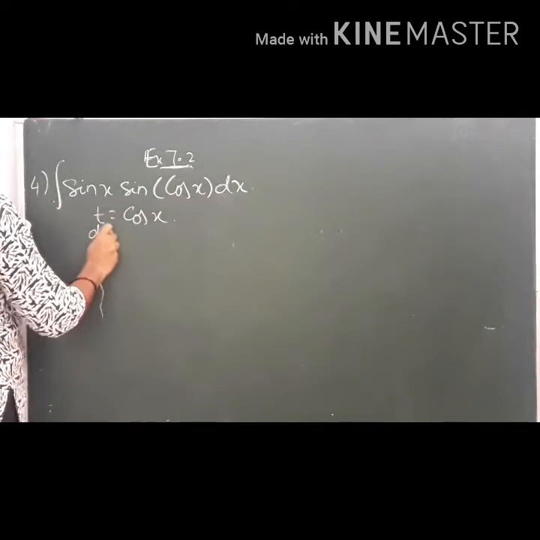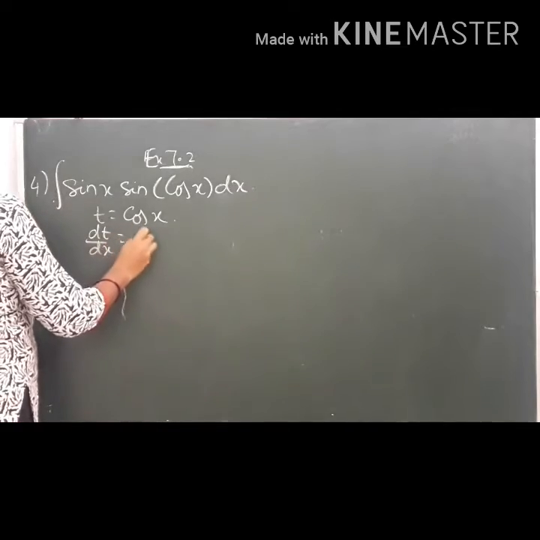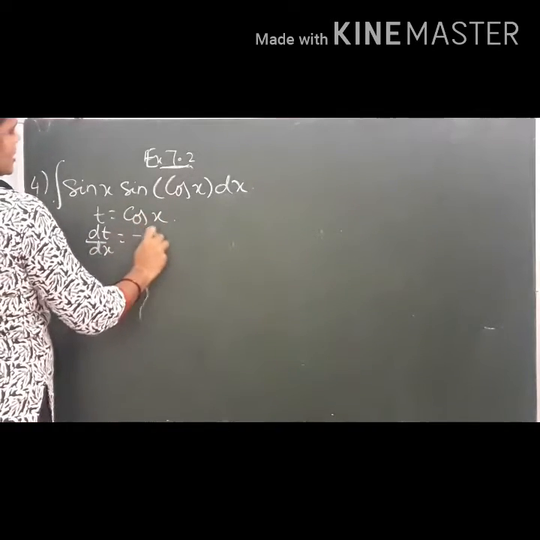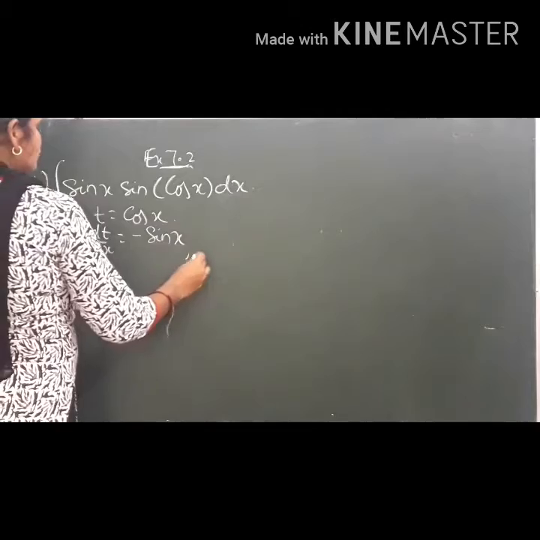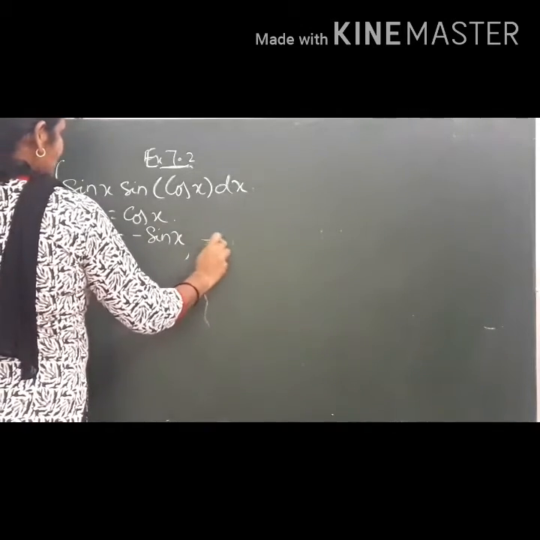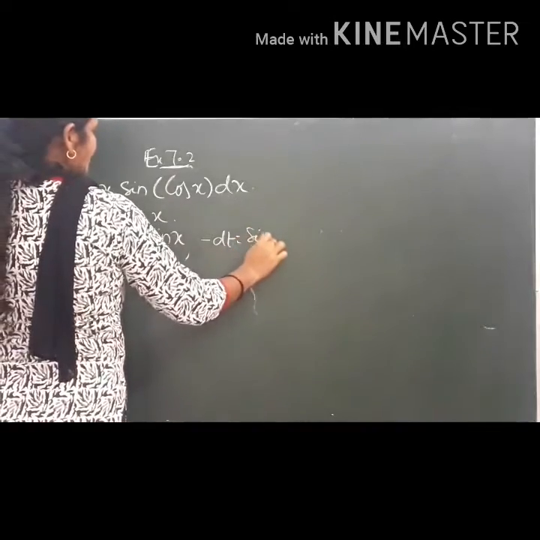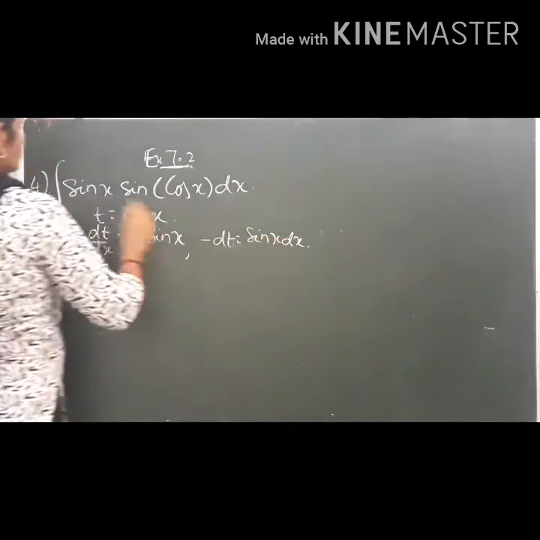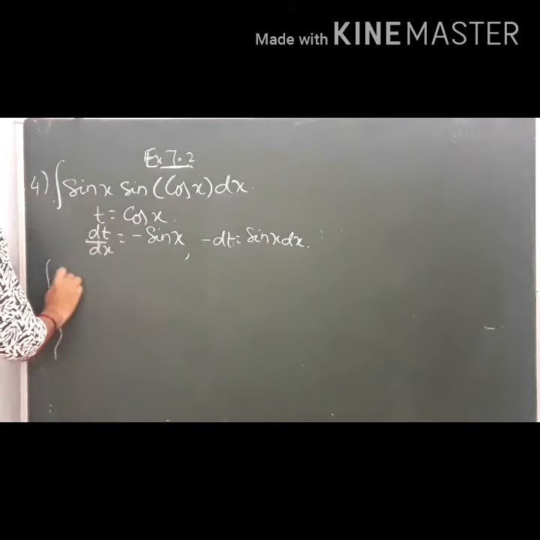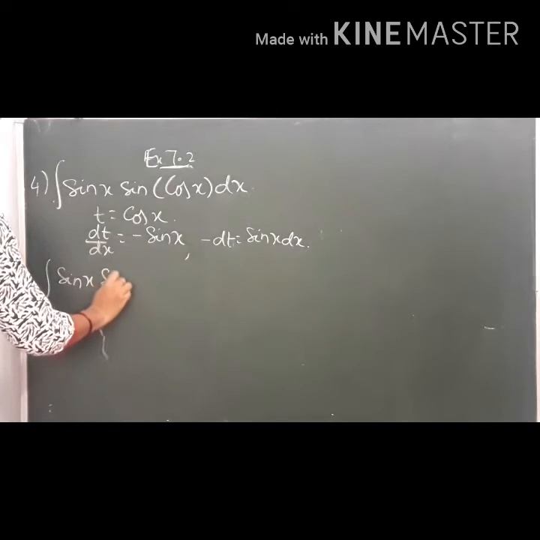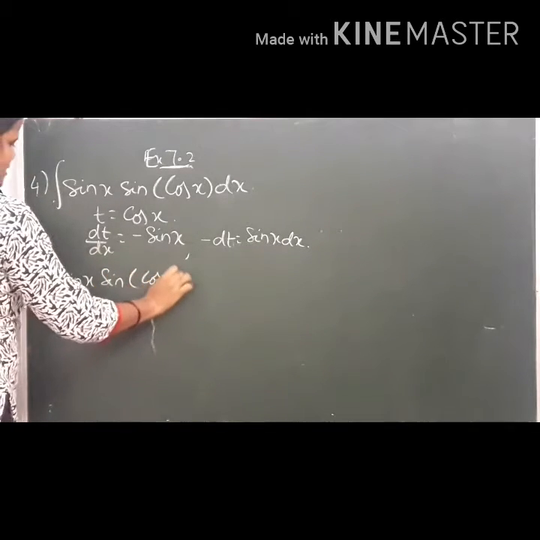We can differentiate with respect to x: dt upon dx is the differentiation of cos x, that is minus sin x. Clear? So what will we get? Minus dt is equal to sin x into dx, the minus sign being transposed here. So the function becomes sin x into sin of cos x into dx.